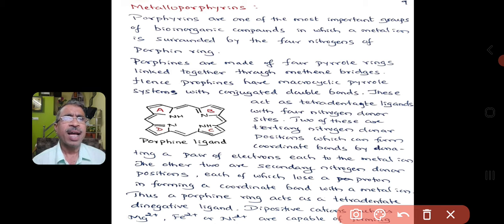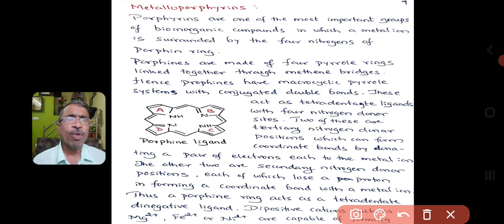These act as tetradentate ligands. Now when these pyrroles are fused with methane groups, we get a structure like this, and it contains four nitrogen atoms. Hence, it acts as a tetradentate ligand with four nitrogen donor sites.